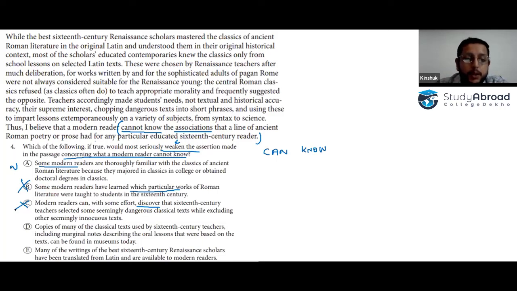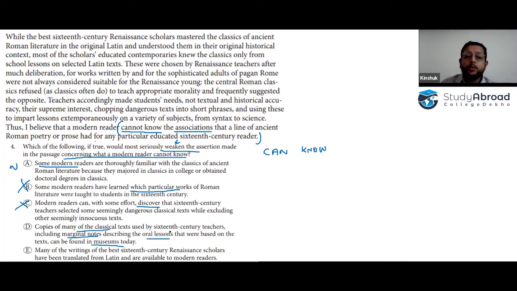Now, option D. Option D says, copies of many of the classical texts used by 16th century teachers, including marginal notes describing the oral lessons that were based on the text, can be found in the museums today. So what can be found in the museums? All the details, many classical texts including marginal notes describing the oral lessons.